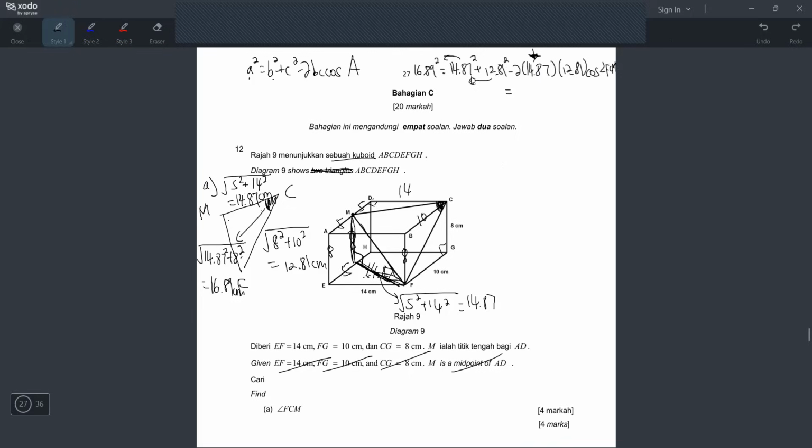So I will press 16.89 square minus 14.87 square minus 12.81 square, right? So you get negative 99.9409. Wait, did I press correctly? Let me press again. 16.89 square minus 14.87 square minus 12.81 square.